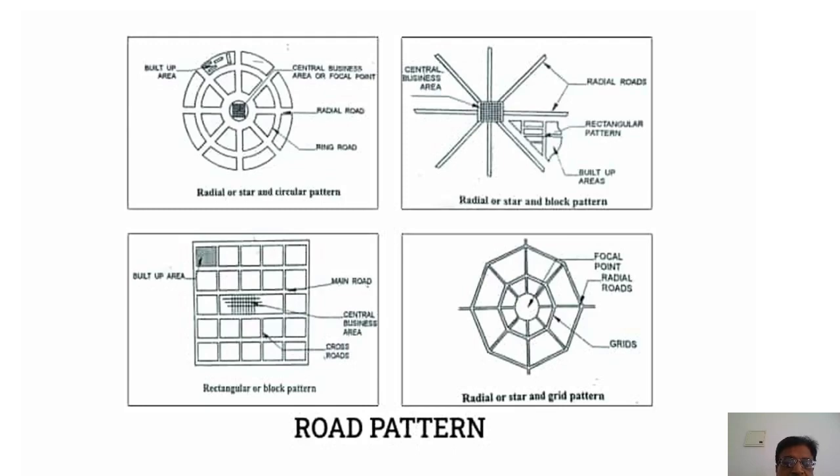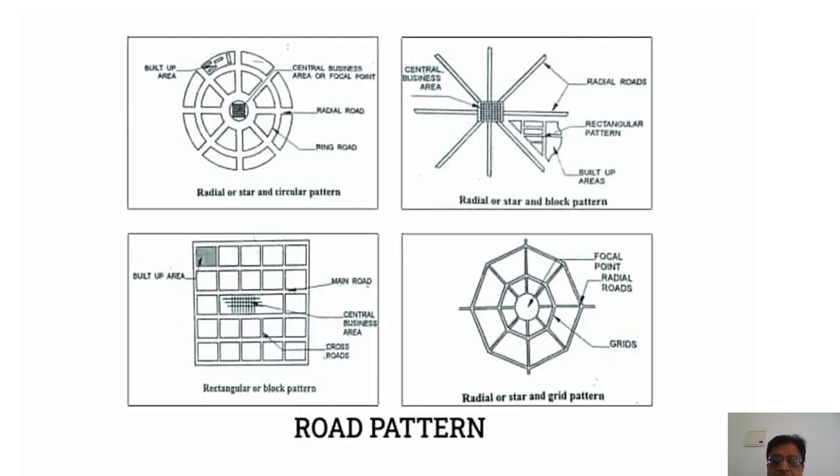Inside this, you can see the small structures. These are nothing but your built-up area. Built-up area could be anything: any commercial establishment, shops, schools, colleges, or even residential. So this is a typical sketch of radial or star and circular pattern.